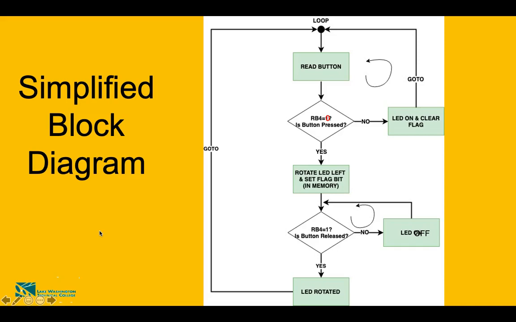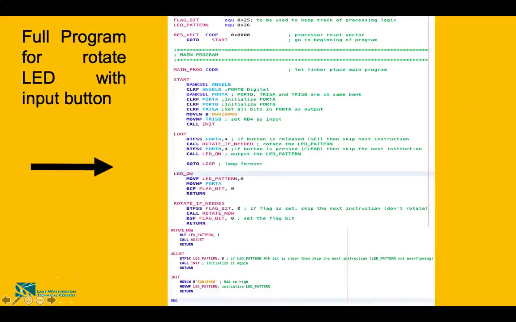Now I'm going to jump into the code. So here you see the full code for rotating LED with input button, and here we start with the code. This is our start code, and these are the different labels which I have used in this code.